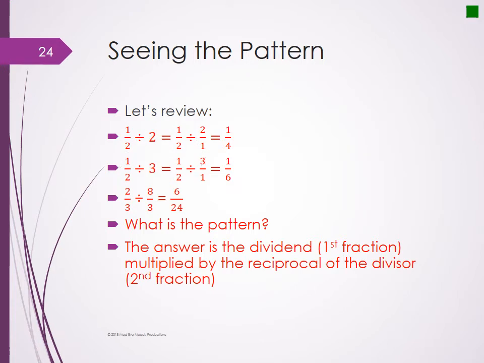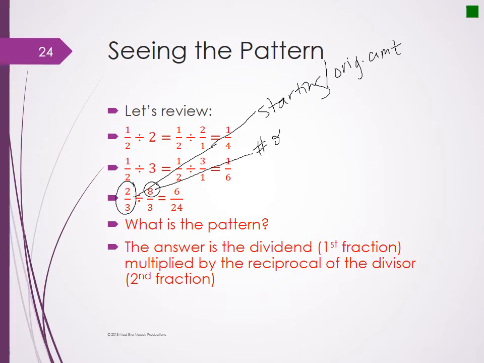And then with the 2/3, my last example, 2/3 was the starting, or my original amount. This 8 was the number of pieces or sections or whatever you want to call it.